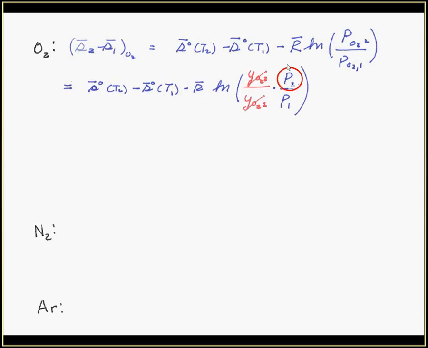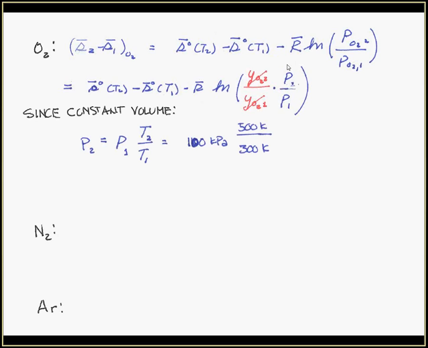I don't have P2 yet. I can find that because I know that this is a constant volume process. So I use the ideal gas equation, and I can calculate P2 as P1 times T2 over T1, which turns out to be 166.7 kilopascals. Or I can just use the fact that P2 over P1 is equal to T2 over T1, which is 500 over 300, or simply 5/3.